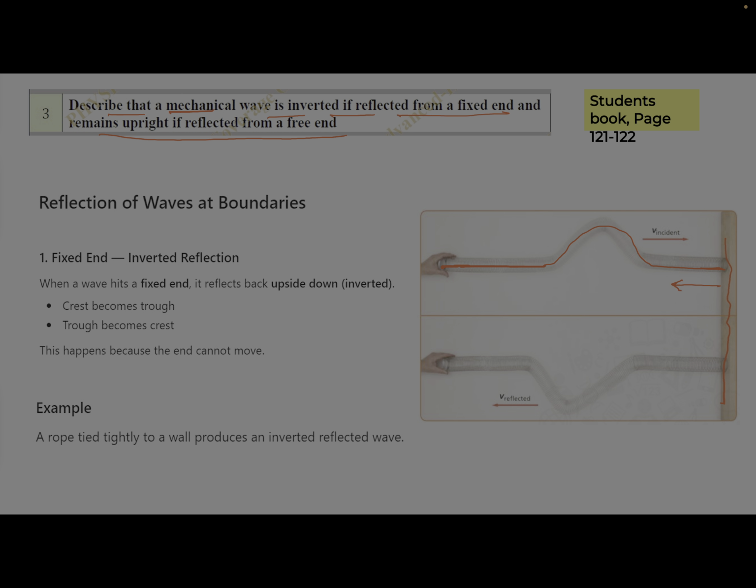Always remember, if it is going with a crest, it will come back inverted, like a trough. This shape is called a pulse. Once the pulse is going up, after reflection it will be inverted. So crest will become trough and trough will become crest. Is it clear?